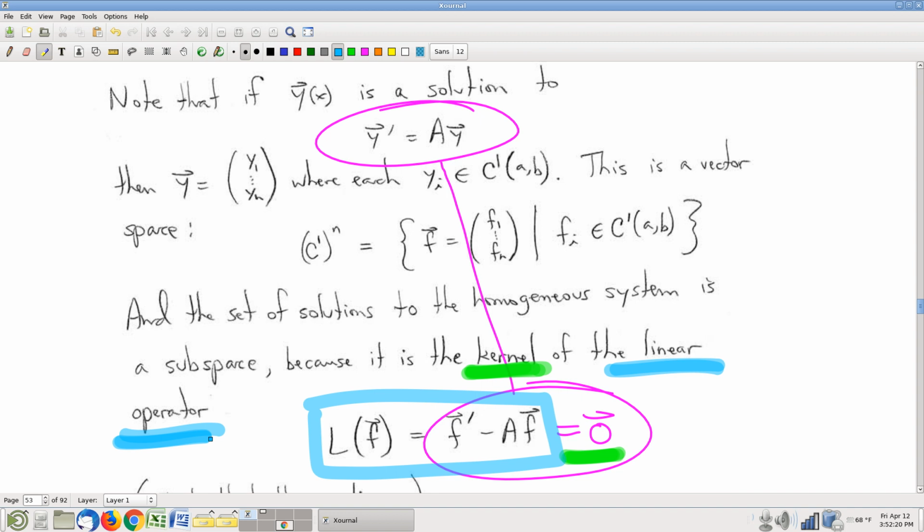So, again, this is starting to sound pretty linear algebra, isn't it? We are inside of a vector space looking at a linear transformation, trying to understand the kernel as a subspace of our original vector space. That's real linear algebra talk. So, anyway, keep this in mind.